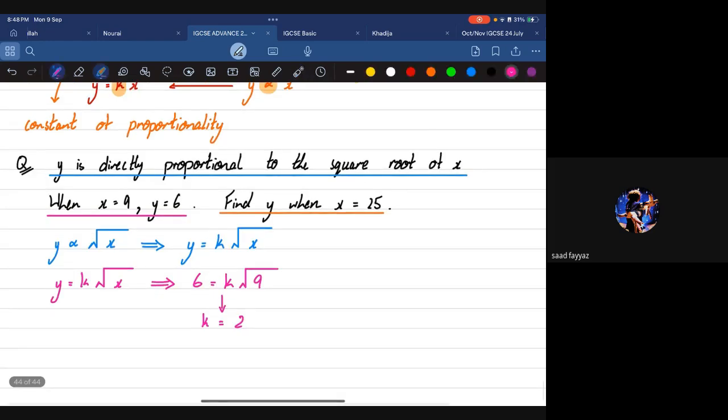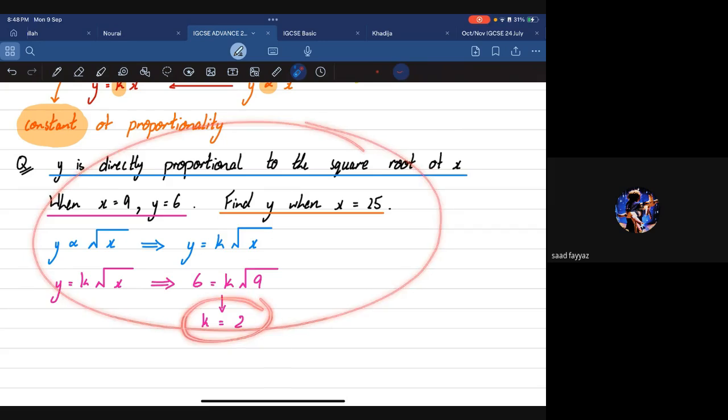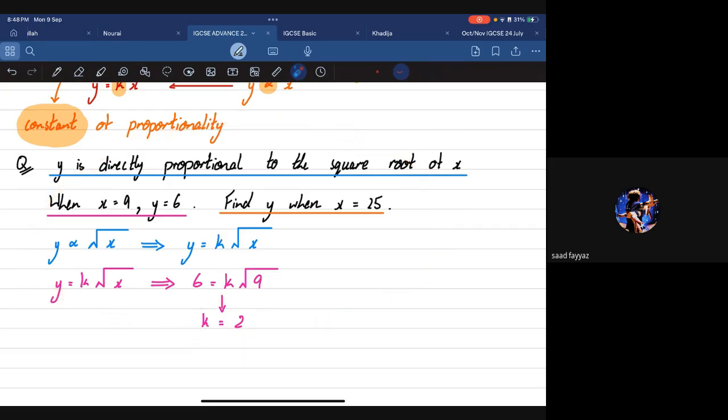Now, the main root word that we are focusing on is constant. k is a constant of proportionality. The value of k throughout the duration of this question is not going to change, because k is a constant.